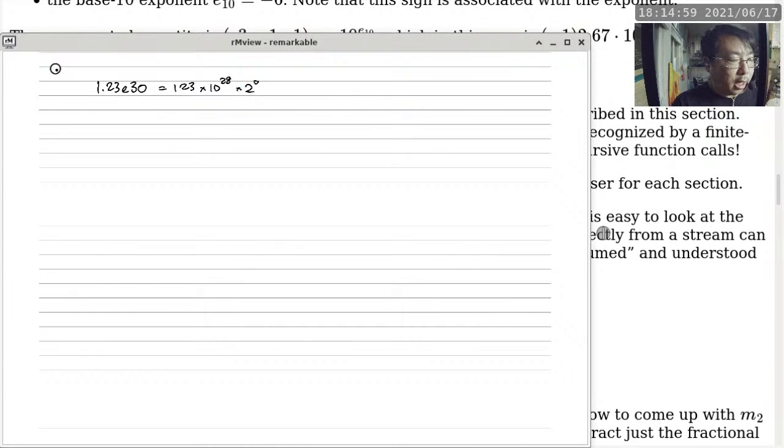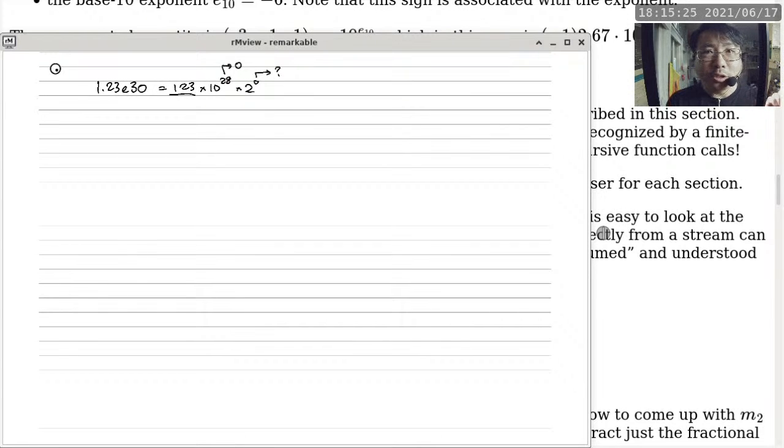We have a lot of flexibility when it comes to the significant digits, but we want this 28 to eventually get down to 0. In return, we can change the power of 2 to something, so that the value being represented is still the same. We'll handle one thing at a time.